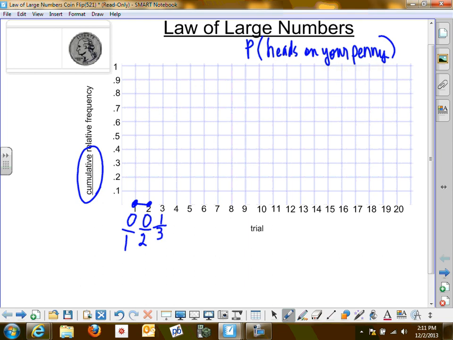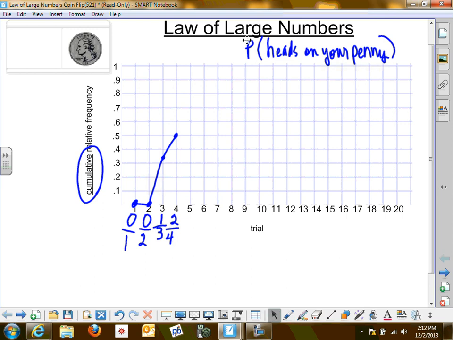So I now have a cumulative frequency of 1/3. Now I'm going to flip the coin, and based on that picture, I have another heads because I have 2 successes out of 4 trials, which is up here at 50%.